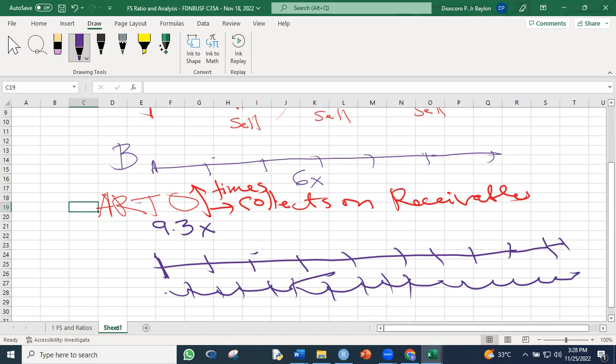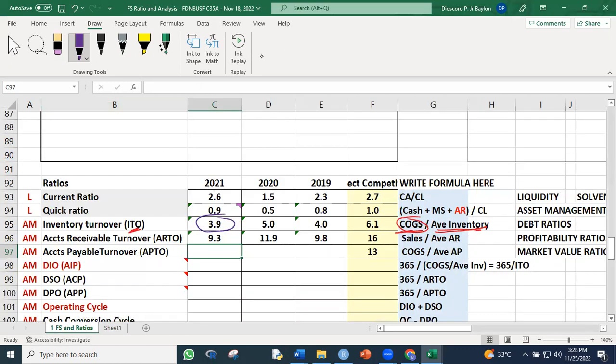While our company is only 9.3 times, our direct competitor is doing it at 16 times. And as I said a while ago, if you're comparing among companies, the higher the ARTO, the better, because it means the company is able to quickly collect on their receivables. Let me pause for a while.